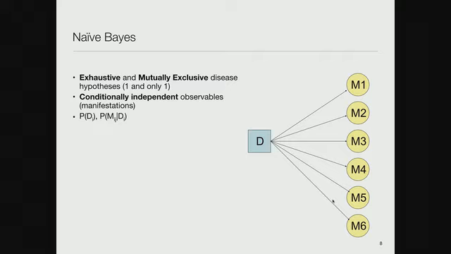And we can assume that the manifestations are conditionally independent observables that depend only on the disease that you have, but not on each other or on any other factors.